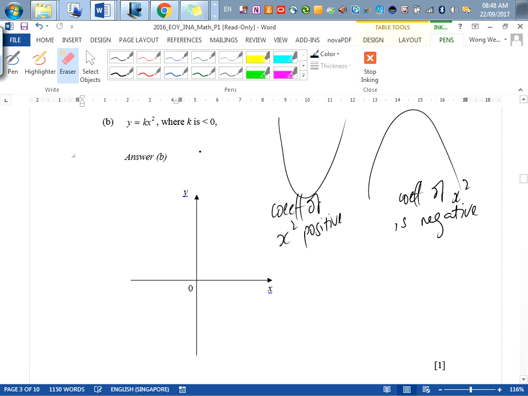So k is a negative number. So which graph should I get? This one. Negative, so it should look like this. And where is the line of symmetry? Your y-axis is your line of symmetry. Okay? Like that. Any questions? Then I must label it: y equals kx squared, where k is negative.